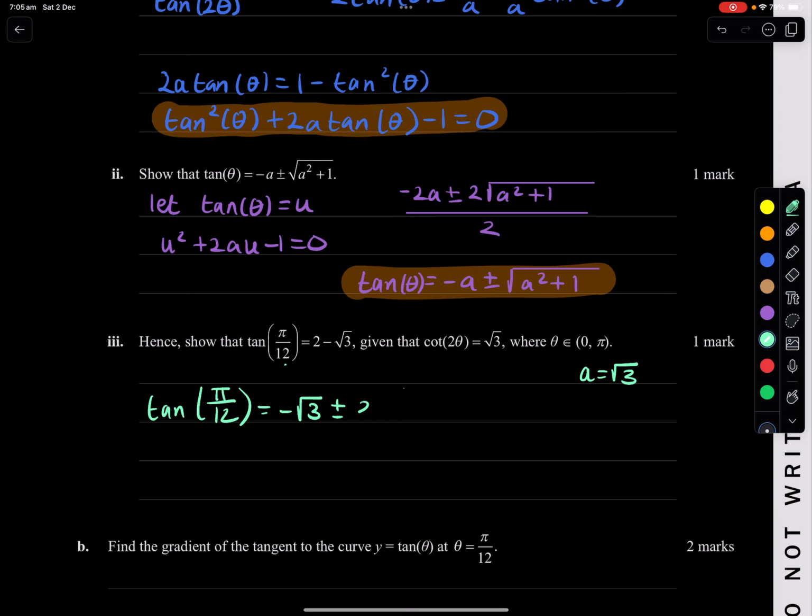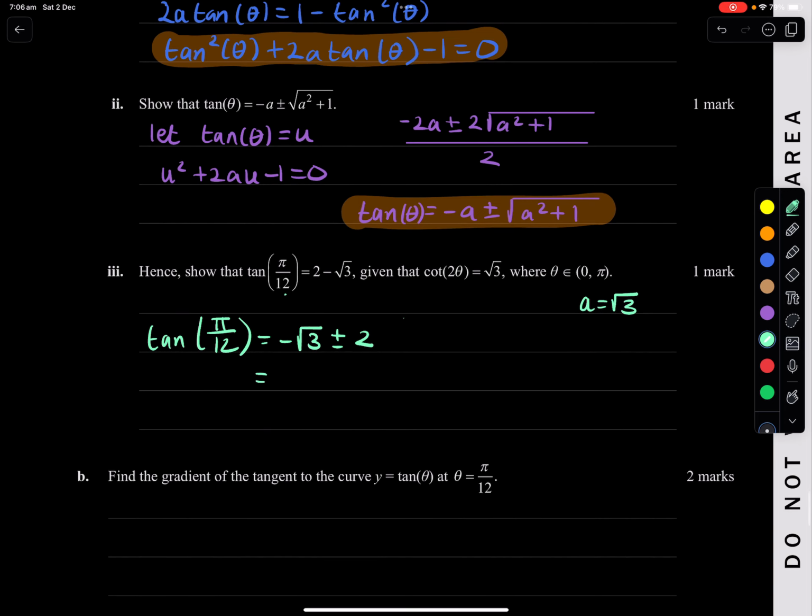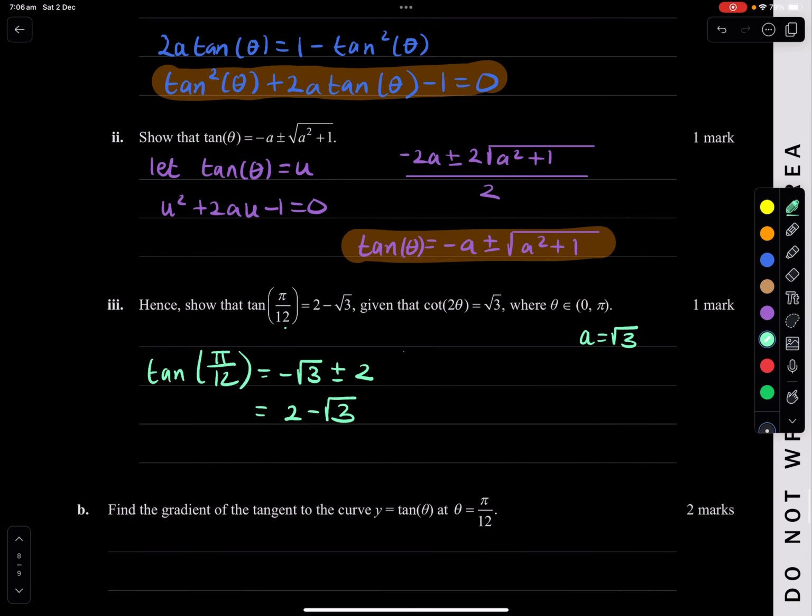Hence, we get 2 values. But be careful. Theta is between 0 and pi, so we're only going to take the positive value. So we write it as 2 minus root 3. Done. And that should be how you do that.